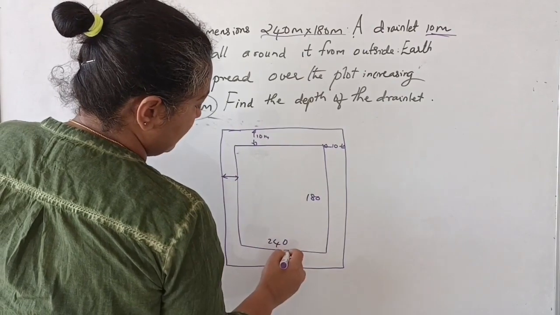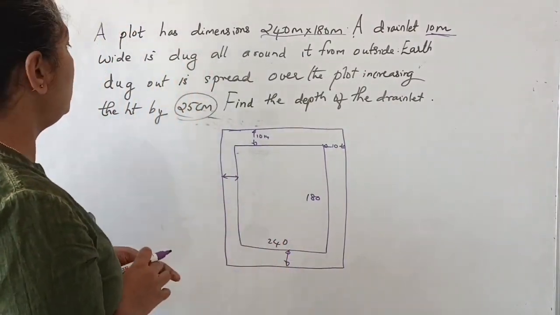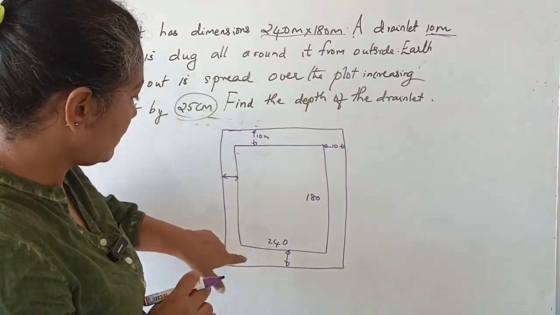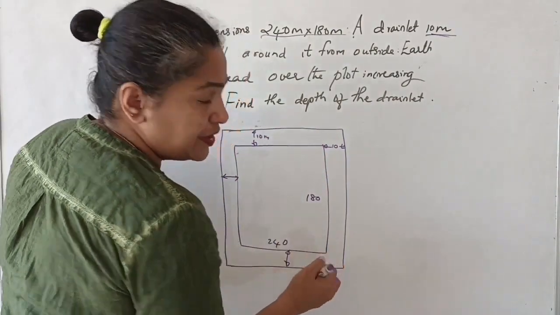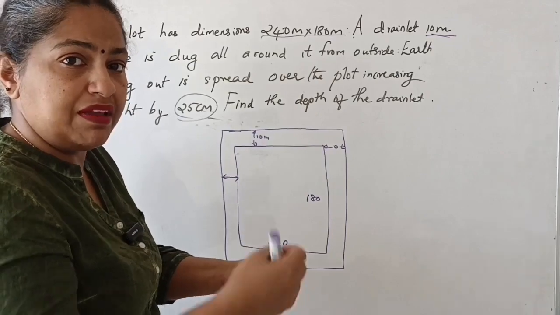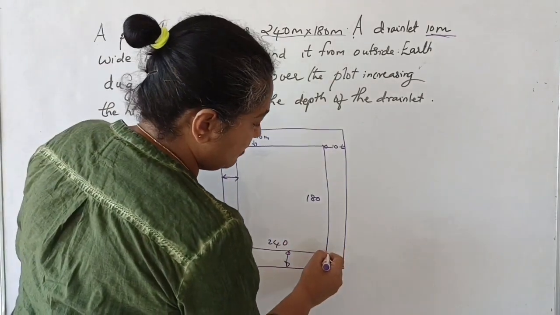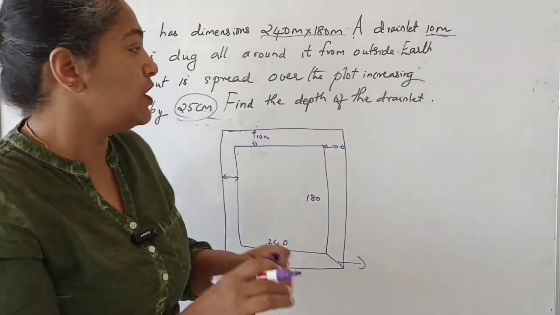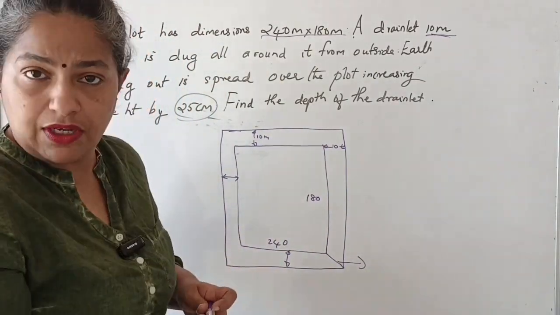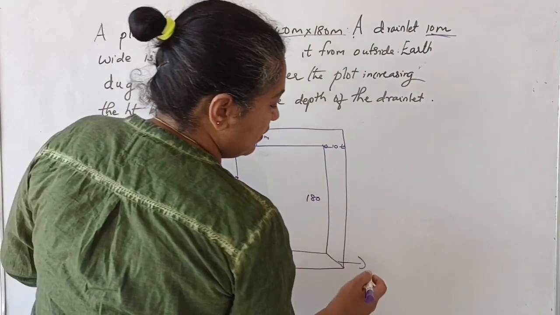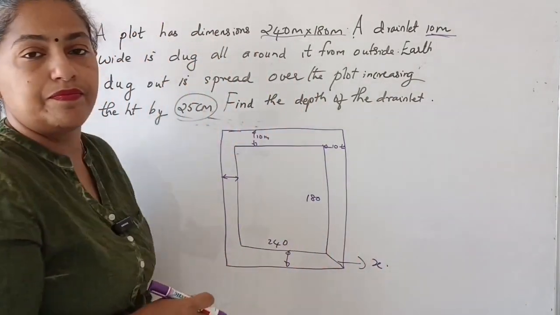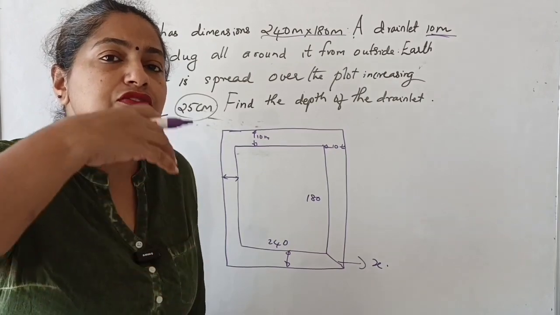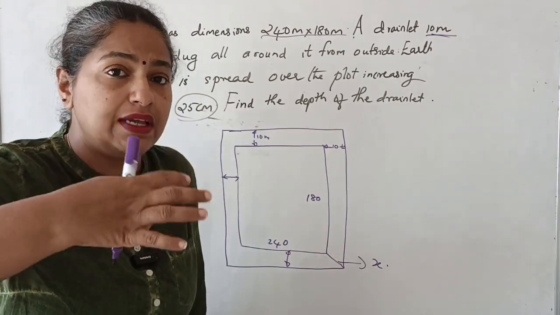Now the earth is dug out from this part. When you dig out earth from a place, you create a depth over there, and that depth is uniform across. Now I need to find that particular depth, so let us call it x.